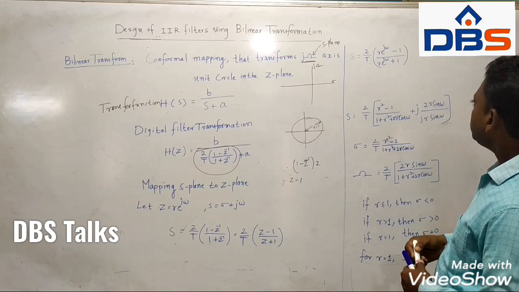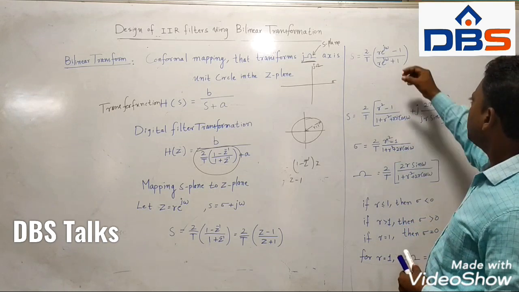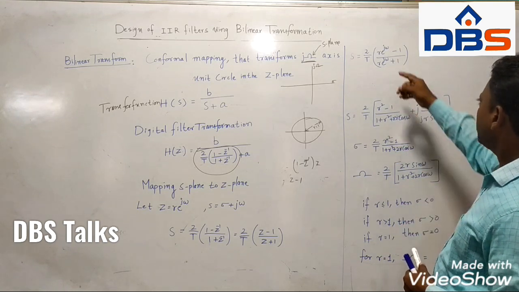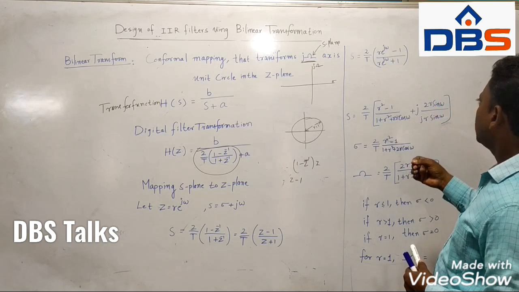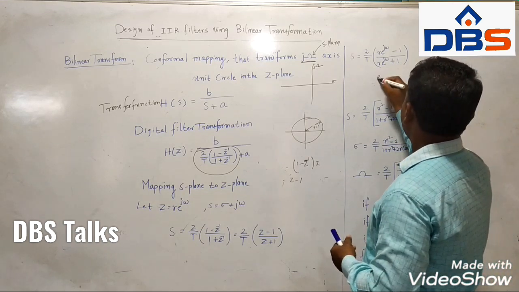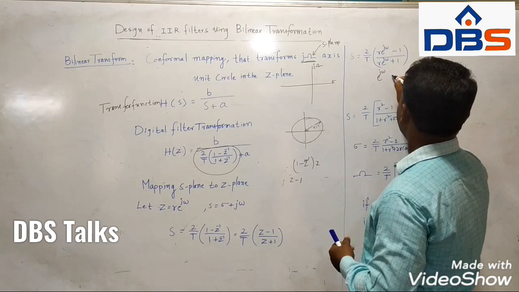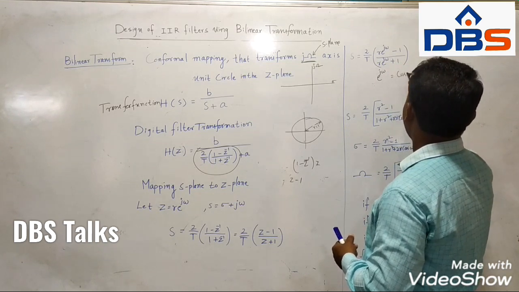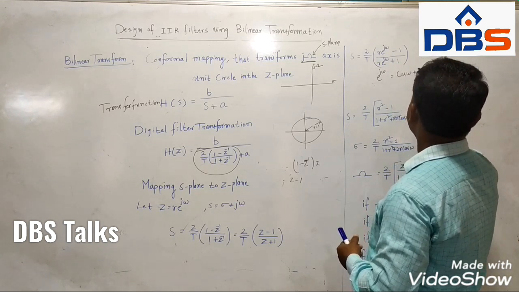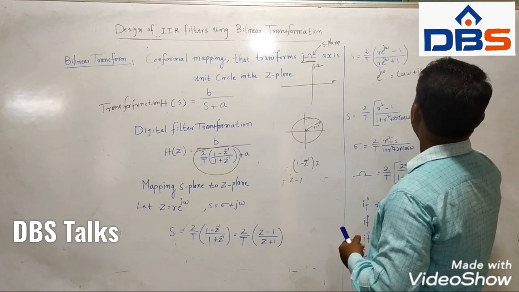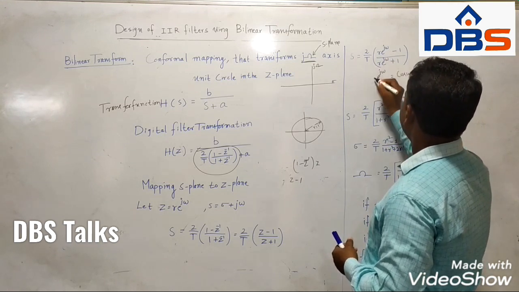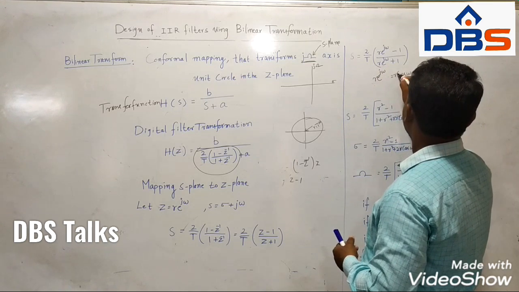Now see, if you simplify this, e power j omega is equal to cos omega plus j sin omega. Okay, if you multiply that by r, then what you will get?